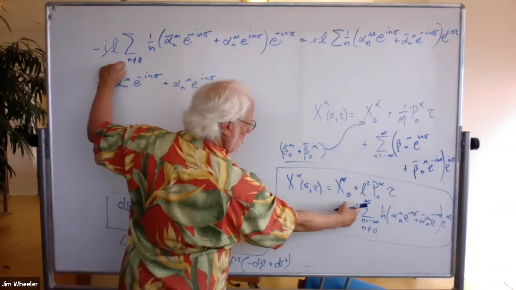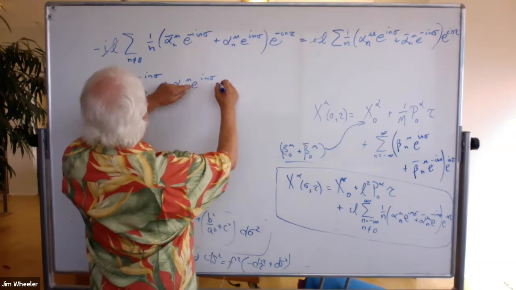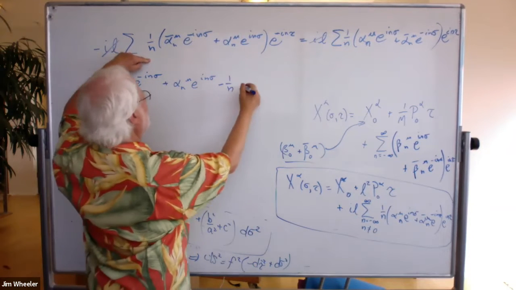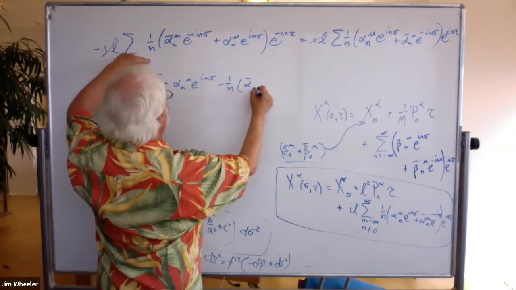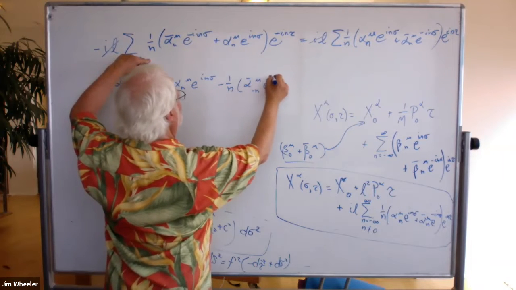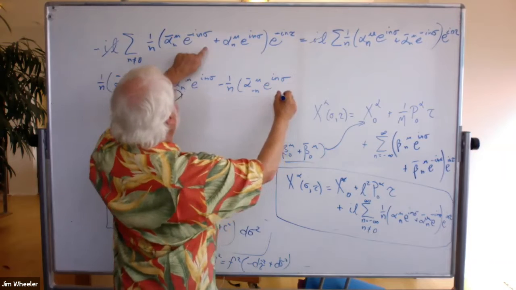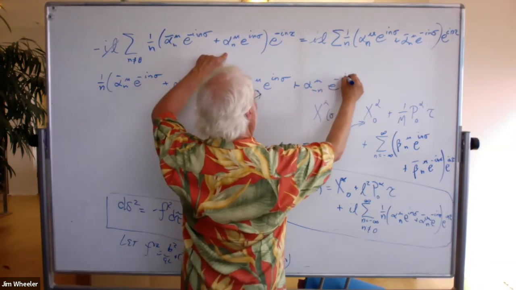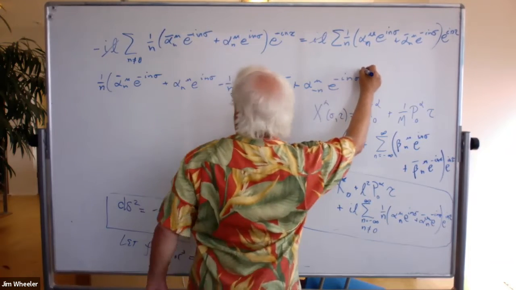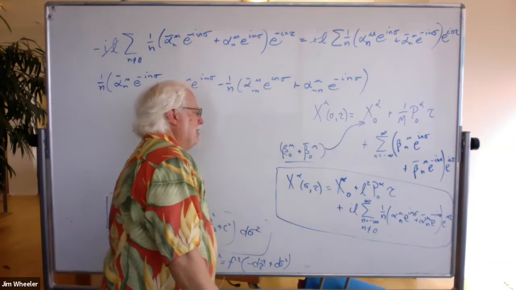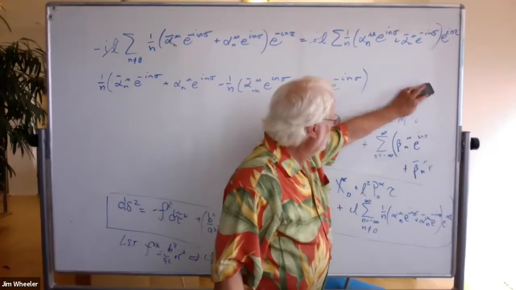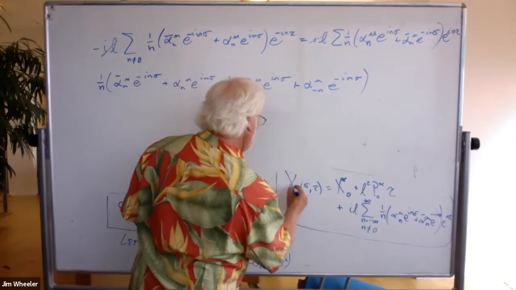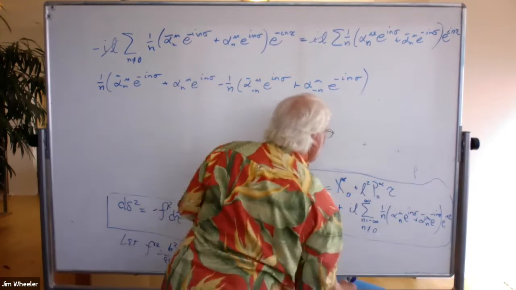Plus, we're summing over plus and minus n here, so we also have minus 1 over n, or 1 over minus n, alpha bar minus n mu e to the plus i n sigma plus alpha minus n mu e to the minus i n sigma. So all of that has to equal a similar thing on the other side. Let's keep our solution here.